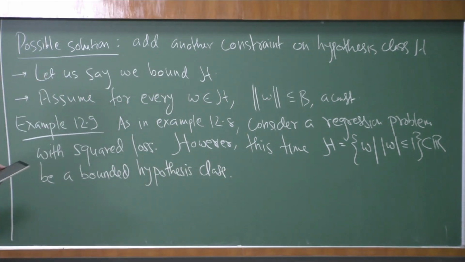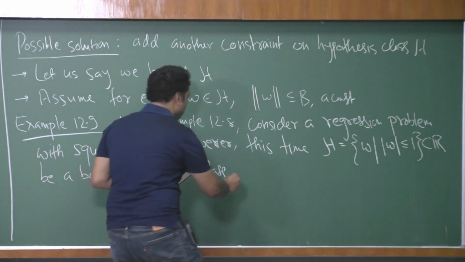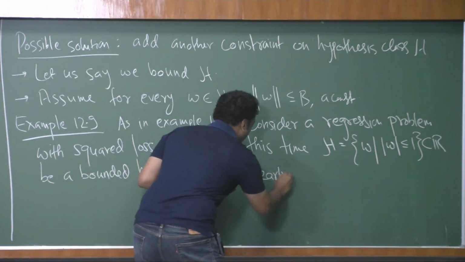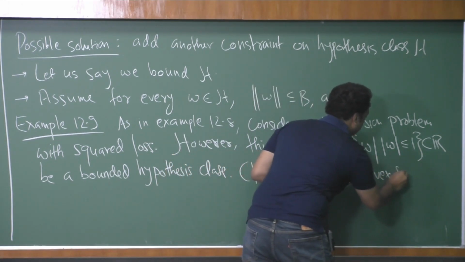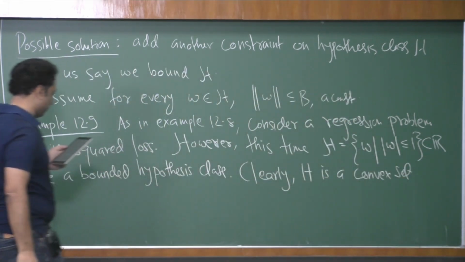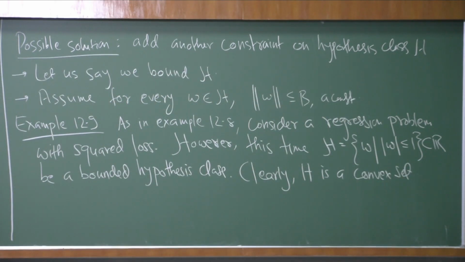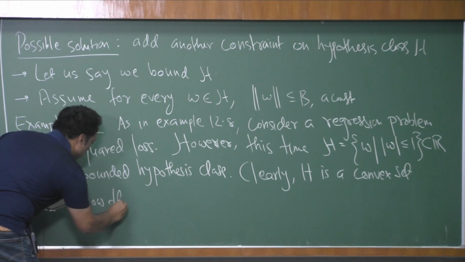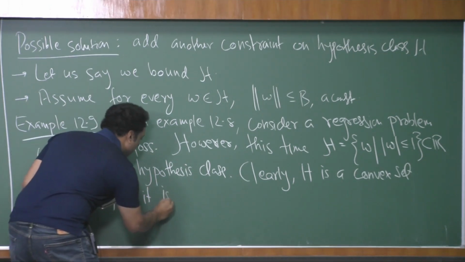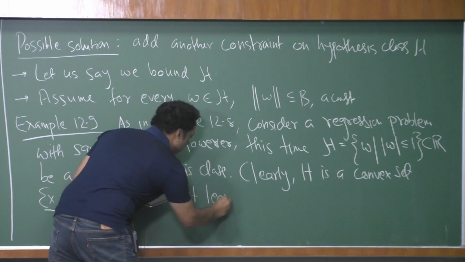So even with this bound, H is a convex set, and similar to what we have done in example 12.8, you can prove as an exercise that this is also not learnable. The arguments are very similar, so I will leave this as an exercise.